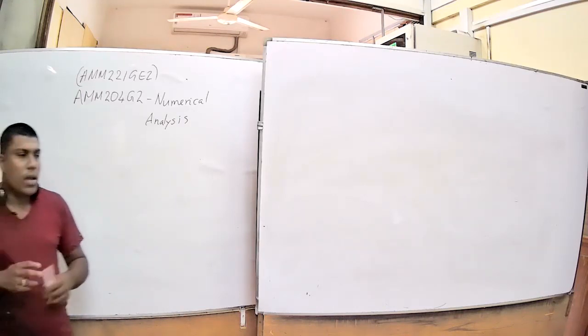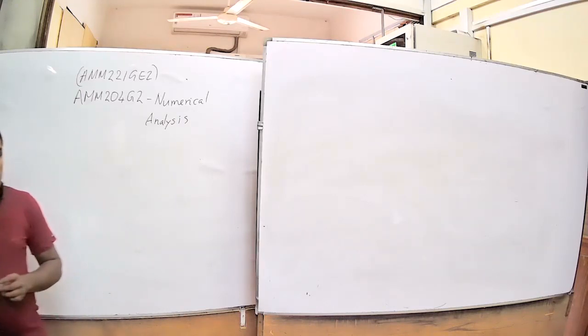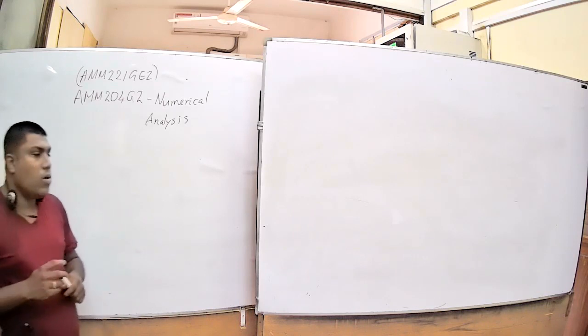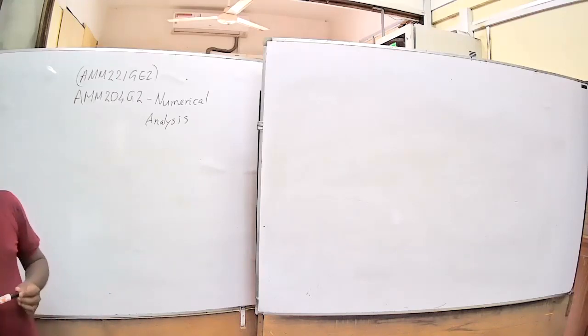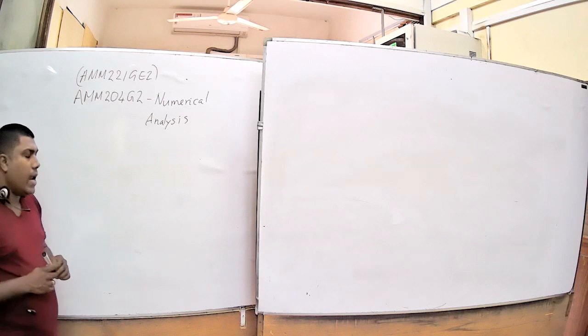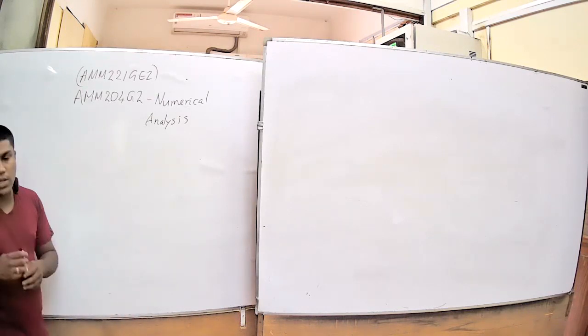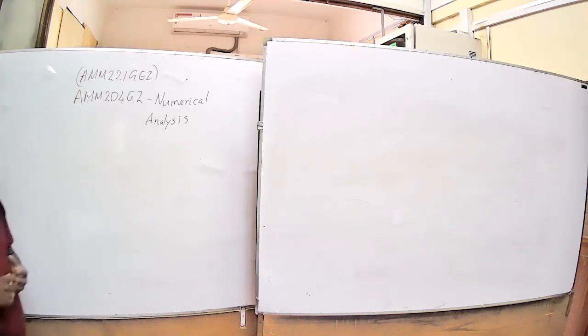This Wednesday, that means tomorrow at 8 o'clock, I will teach, and next Wednesday the other applied teacher will teach, and then we will come back to the other Wednesday. So on the odd weeks, numerical analysis, and on the even weeks, you will have the other applied mathematics course. Those are the details regarding the course timetable.